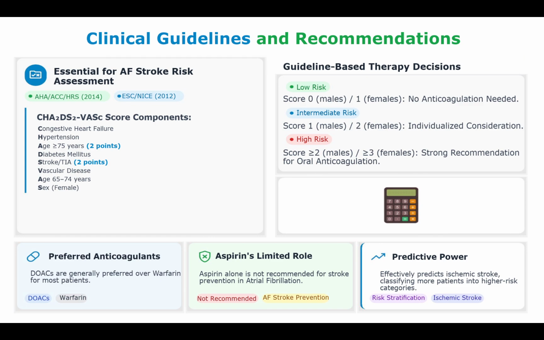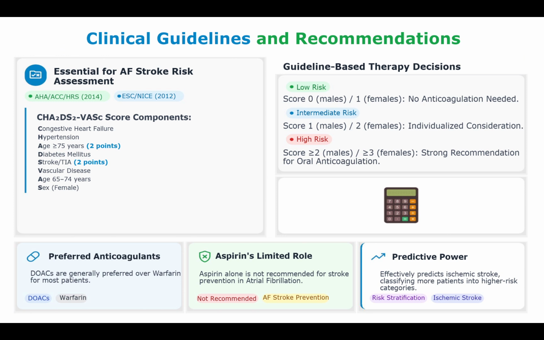Clinical guidelines from major cardiology organizations such as the American Heart Association, American College of Cardiology, and the European Society of Cardiology serve as the authoritative blueprints. They provide very clear and specific recommendations for antithrombotic therapy based directly on the calculated CHA2DS2-VASc score.